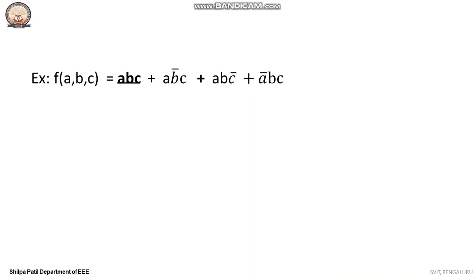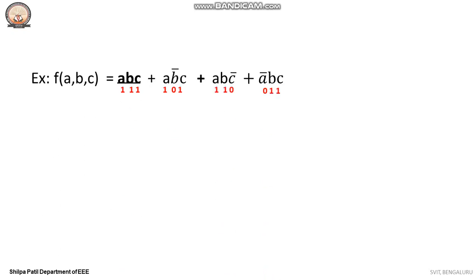In min terms, complemented is 0 and uncomplemented is 1. So here all are uncomplemented, so 111, here 101, 110 and 011.